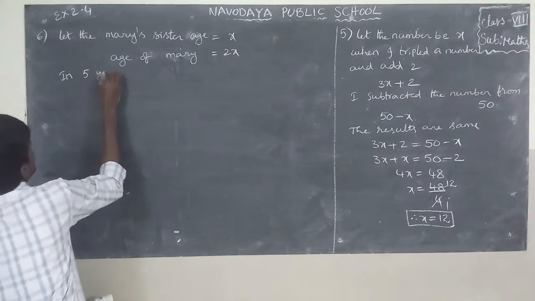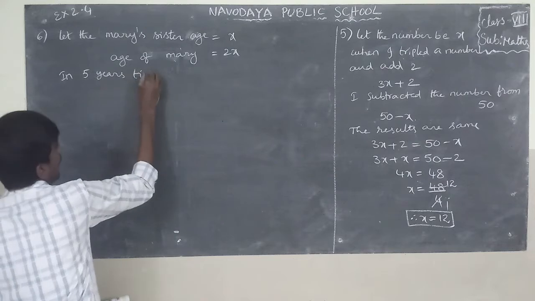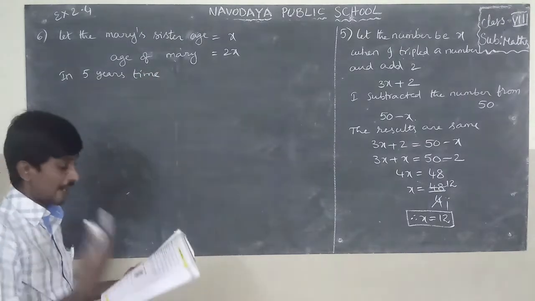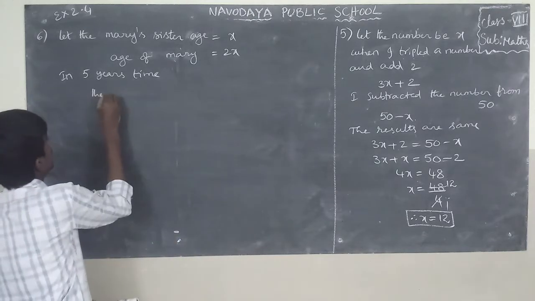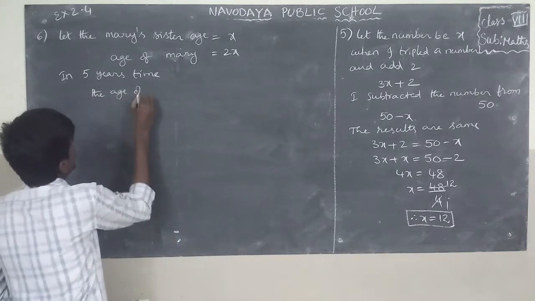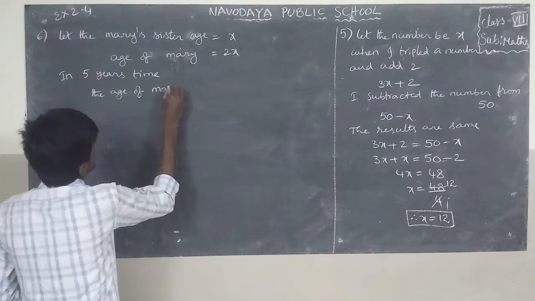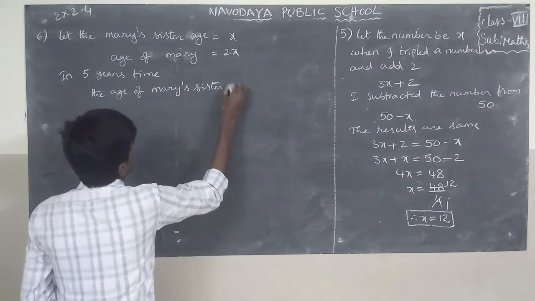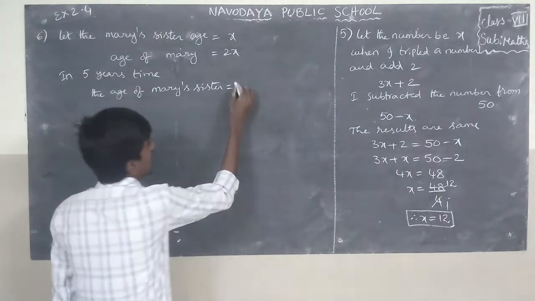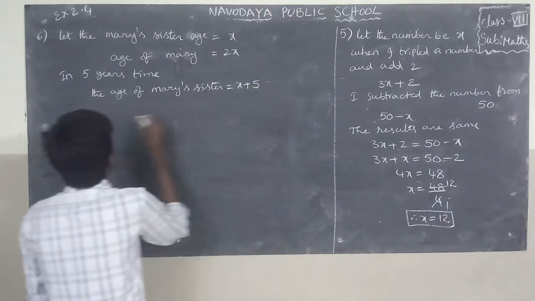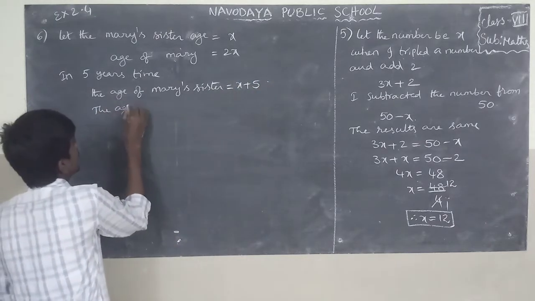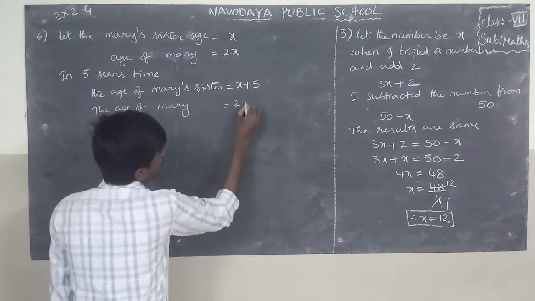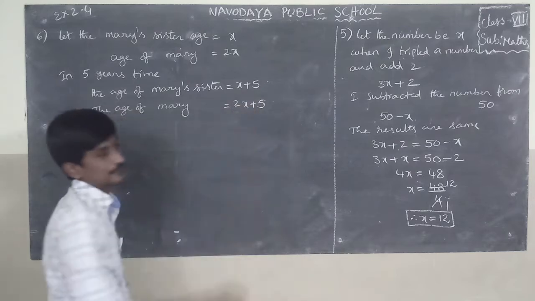The next condition is in 5 years' time, that means after 5 years. After 5 years, the age of Mary's sister is x plus 5. The age of Mary is 2x plus 5.